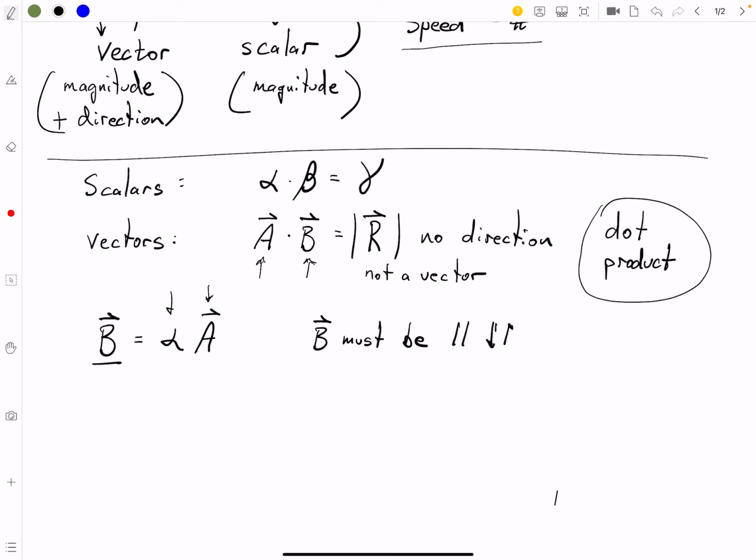That's anti-parallel, like this. And this is just straight up parallel, okay? This means one's pointing in one direction, one's pointing in the other direction for anti-parallel. These guys are just pointing in the same direction. But B must be one of those two things because there's no direction being added by this scalar. So the direction all comes from this A. So B must be parallel or anti-parallel to the vector A.